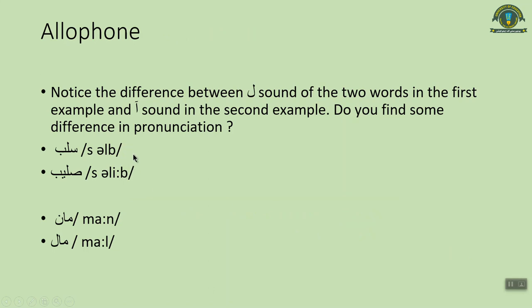Observe the l sounds in these first two words. When we say salb, it's like dark l. When we say salib, this l is now a clear l. So allophones exist in each language. We will say that an allophone is just a different pronunciation of the same phoneme.